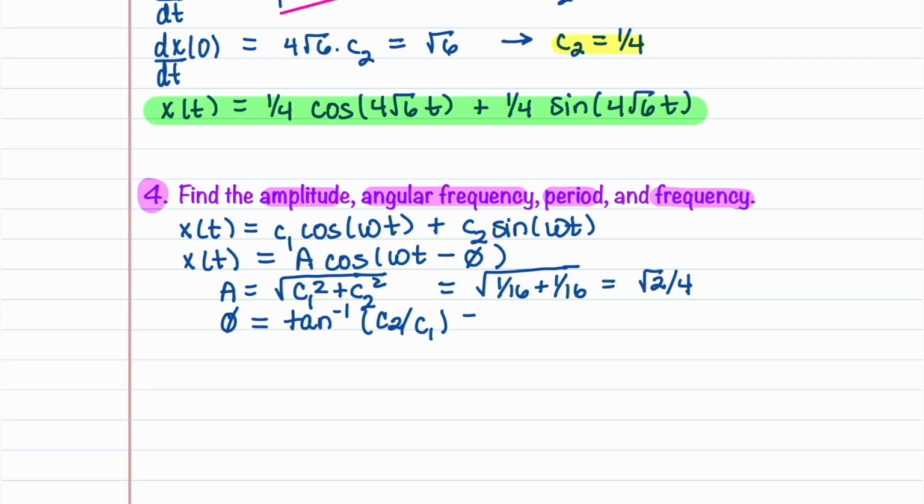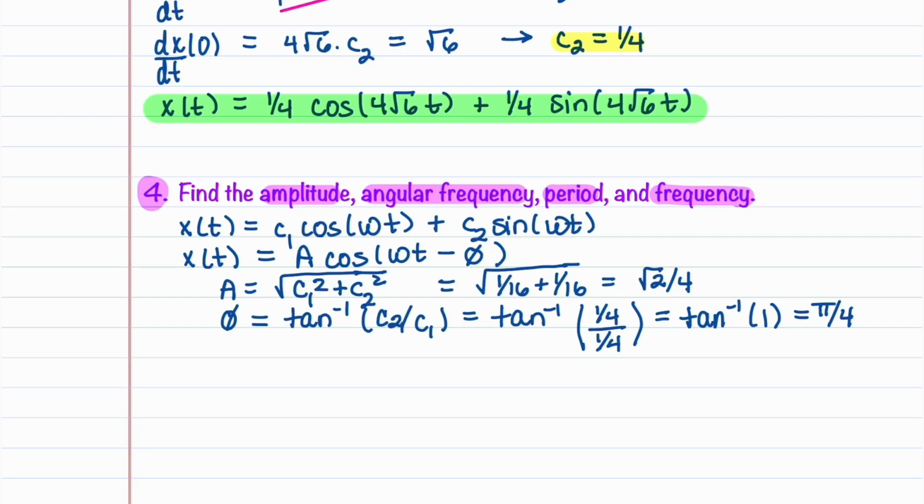Now let's do our phase constant. We're going to have the inverse tan of c2, which is 1/4, divided by c1, which is 1/4. So this is the inverse tan of 1. And this is equal to pi over 4. Let's now substitute these back in.